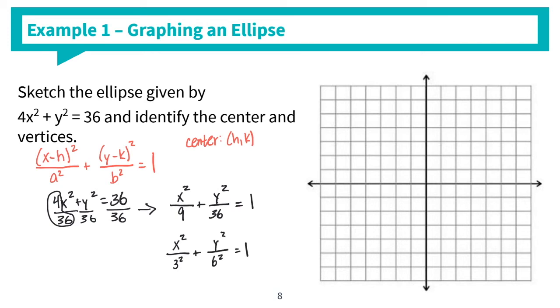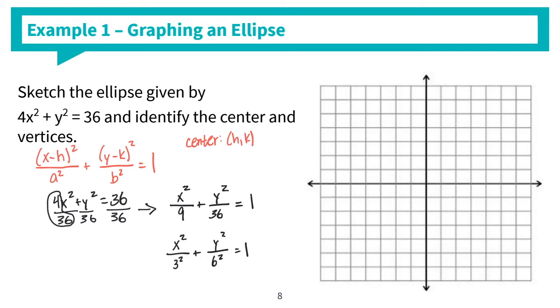One thing to note here, we are now ready to graph, but the center would come from (h, k). In this equation, we see that there are parentheses missing from the numerator. There's actually no value for h and no value for k. Well, in reality, those values do exist. They're zeros.